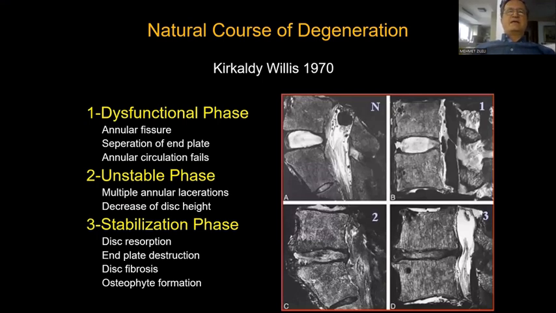There is a natural course of degeneration, which was described by Kirkcaldy-Willis in 1970. The first phase is the dysfunctional phase, then an unstable phase, and a stabilization phase. In fact, during the unstable phase, we may need some fusion surgery.